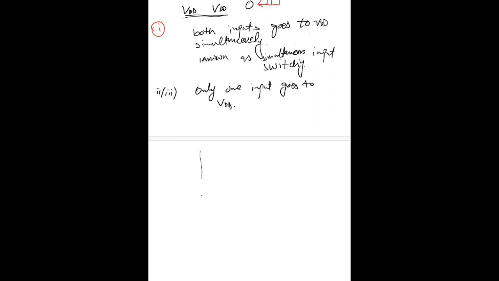So we can plot it here. We have Vout here, Vin here, and 3 different curves. The first curve we plot is for simultaneous switching.